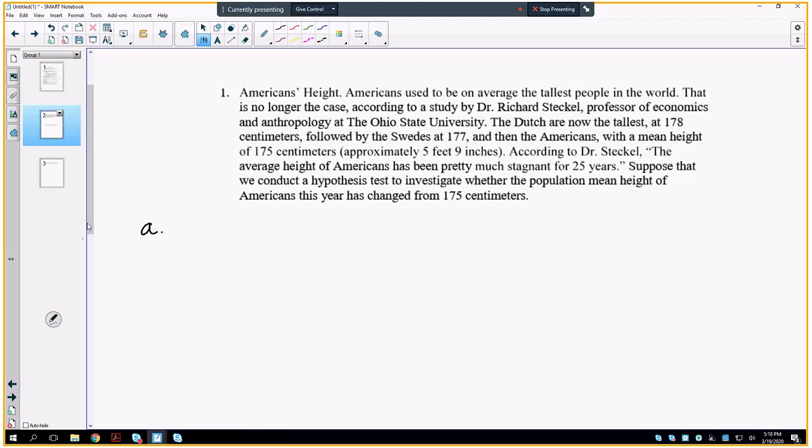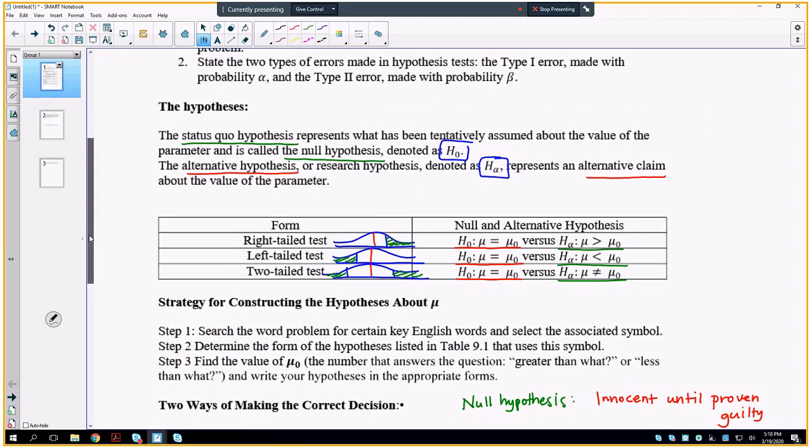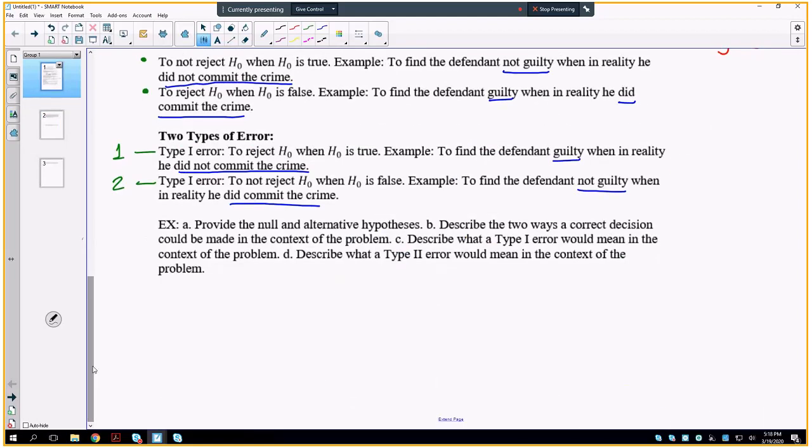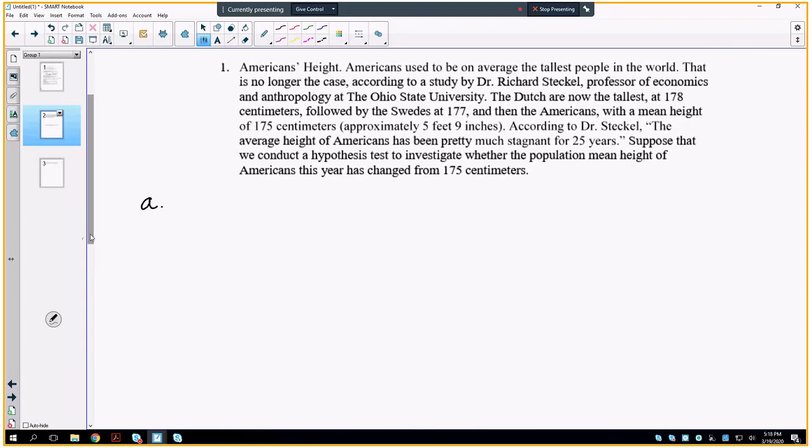Part A. The first thing we need to do is provide the null and alternative hypotheses. So part A, provide the null and alternative hypotheses. So our strategy was to read the problem and to look for keywords. So keywords might be here.